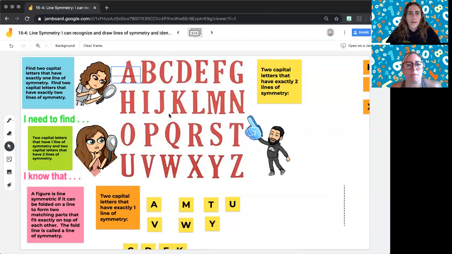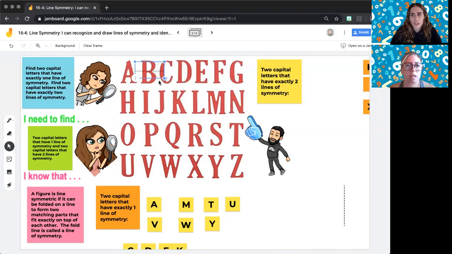But let's look at B, because we knew that B did not have a line of symmetry going down. If we match the left side to the right side, it's not symmetric. But let's see if we match the top side to the bottom side, if it's symmetric.